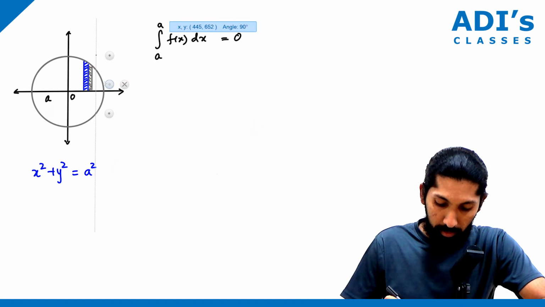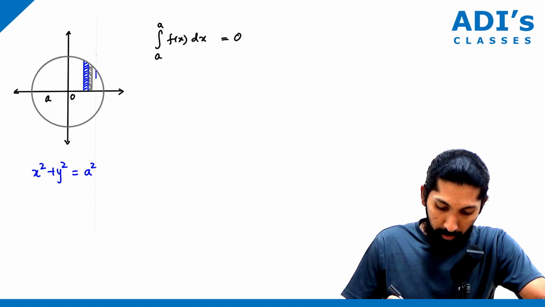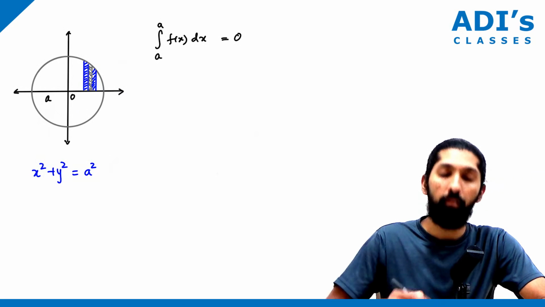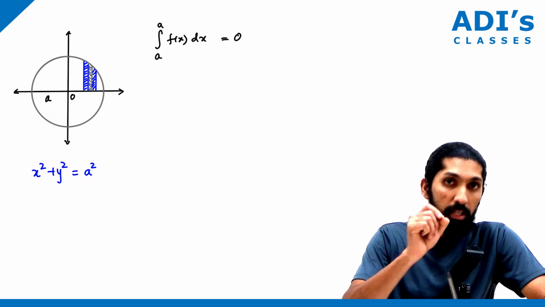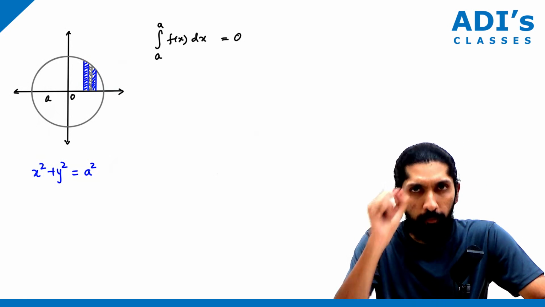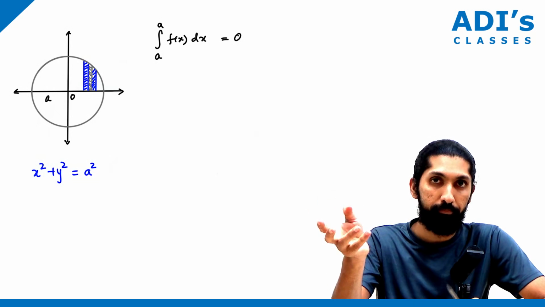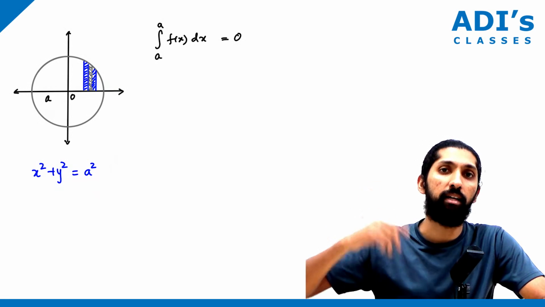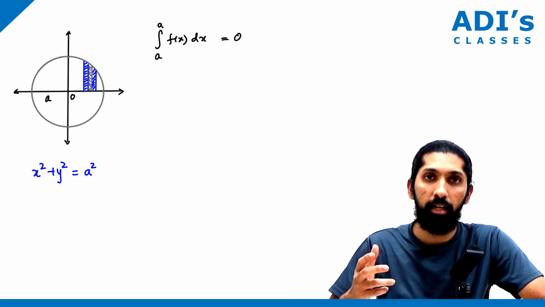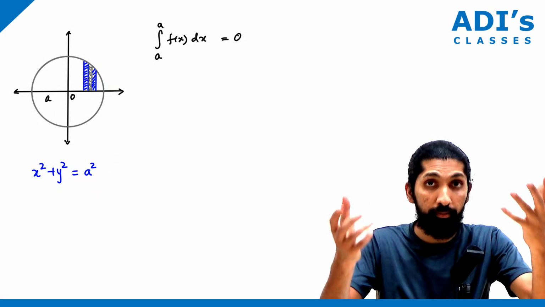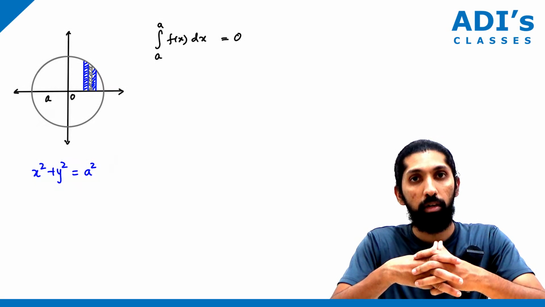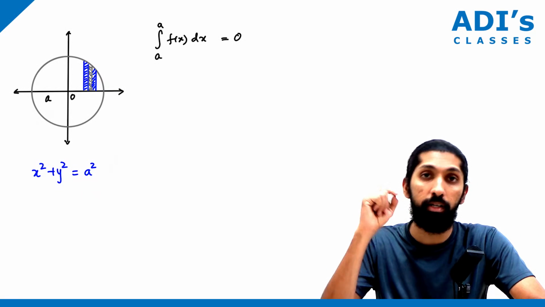Take it here, draw another strip like this, and divide again. Each strip's area is going to be very small, and you keep adding. Once you add everything, that gives you the area of that particular quadrant.